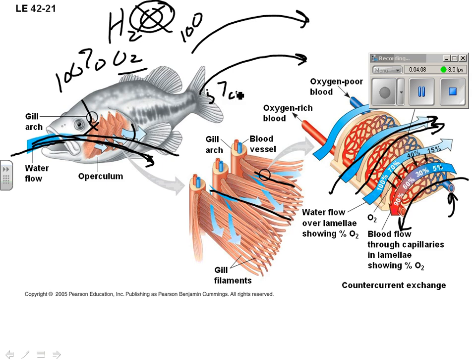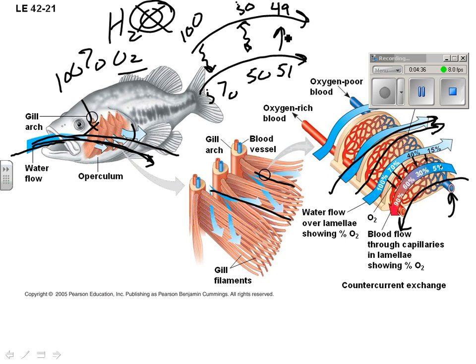So you're going to get a lot of diffusion of oxygen here. But the problem is, as soon as you get down to 50% oxygen in the water, and you get to 50% oxygen in the gill, that's equilibrium. And so as this drops below 50%, let's say 49, and this is above 50%, oxygen would actually go from the gill to the water.